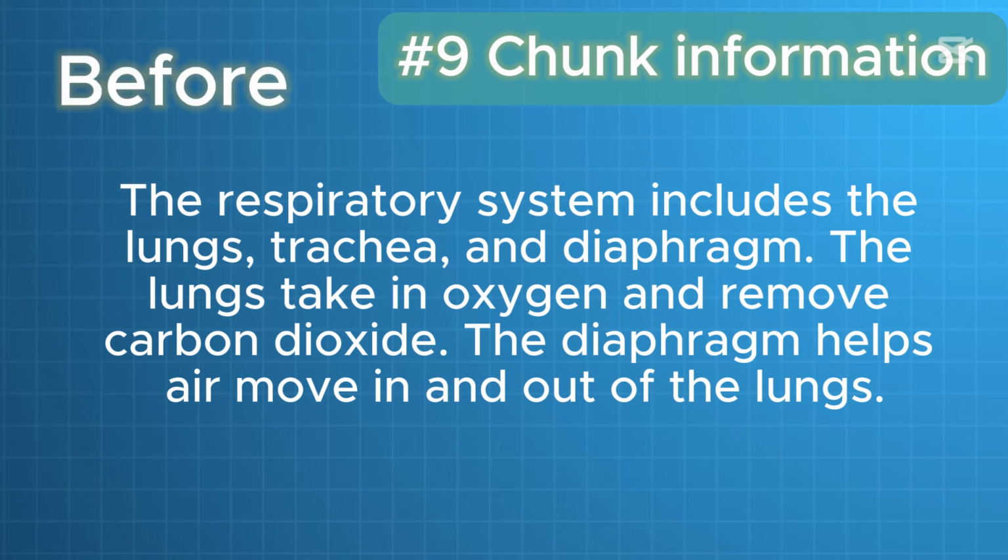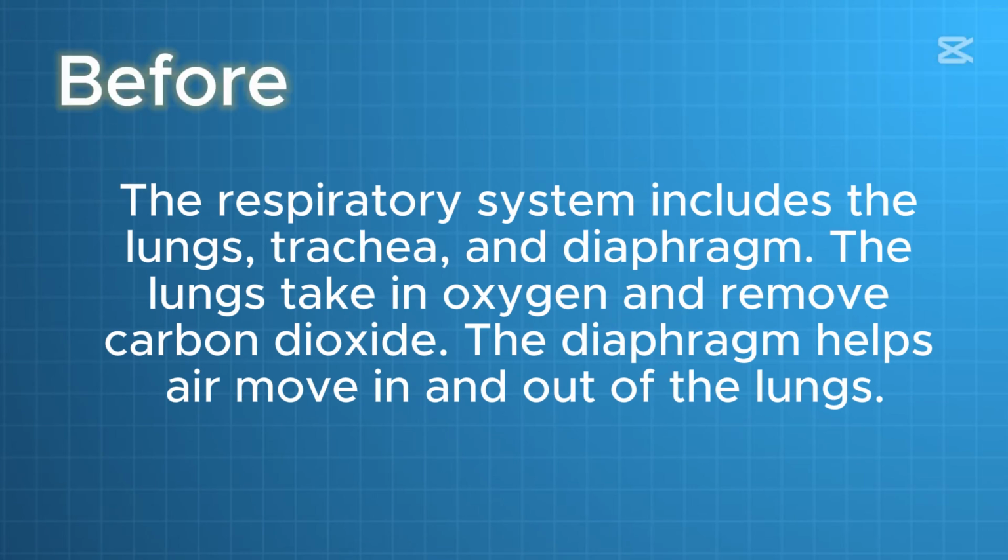Number 9. Chunk information. Breaking content into smaller sections with subheadings makes it much easier to process. Have a look at this example. The respiratory system includes the lungs, trachea and diaphragm. The lungs take in oxygen and remove carbon dioxide. The diaphragm helps air move in and out of the lungs.